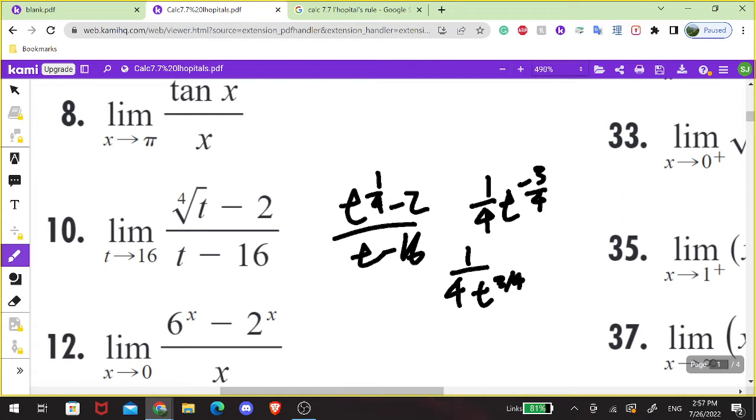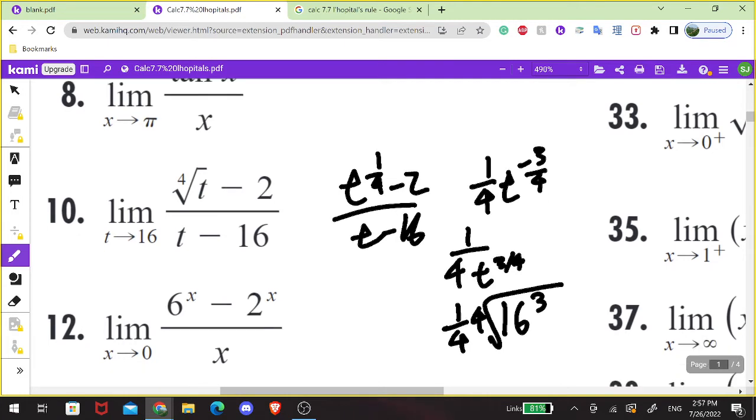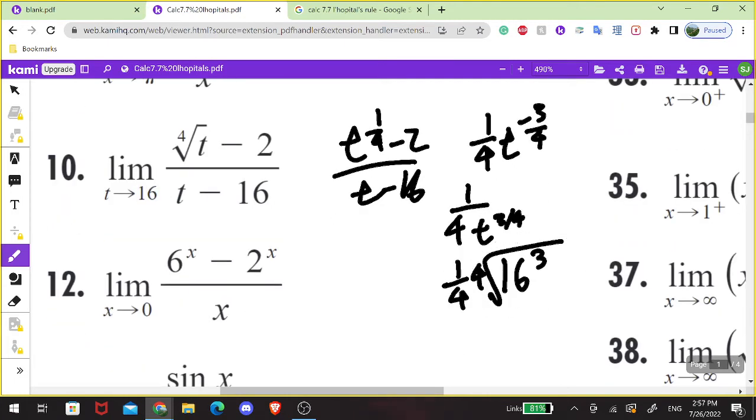Okay, number 10. So 1/4 times 16 to the negative 3/4 power. Technically, you don't have to simplify it, but let me use a calculator for this. 16 to the 3/4 is 8.